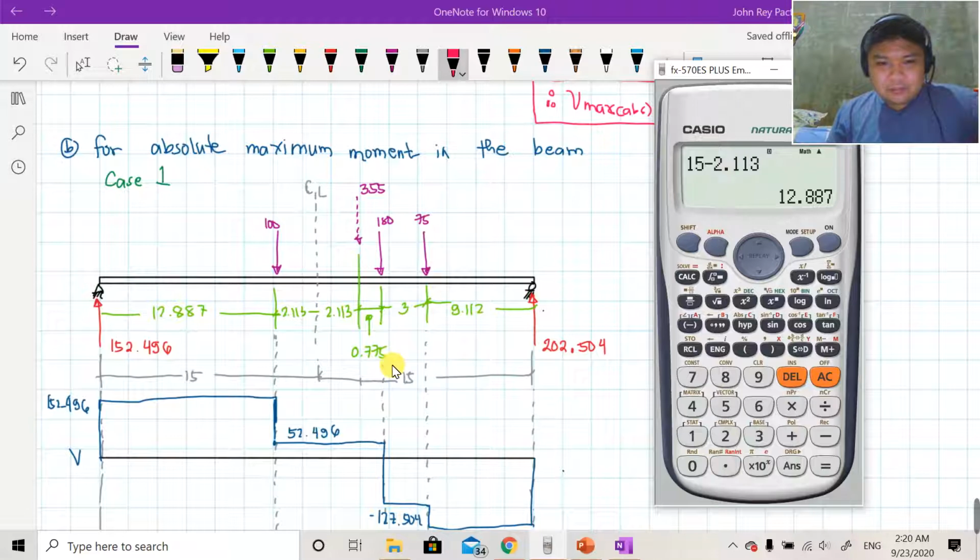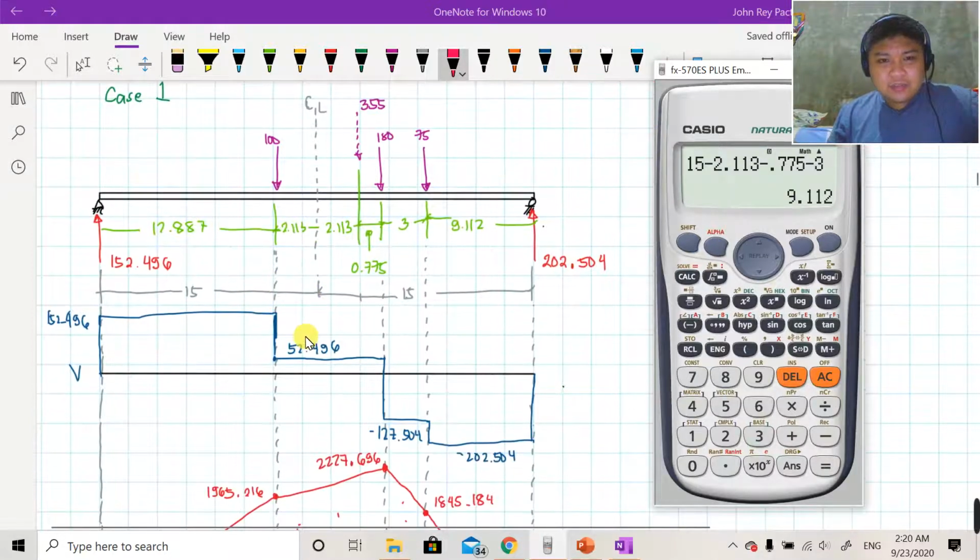Tingnan nyo, center line simula dito hanggang doon. So, that is 15 minus 2.113, then another minus 0.775, then another minus ng 3. So, the answer is 9.112. Itong mga distances na to, mahalaga to sa shear and moment diagram natin, class.